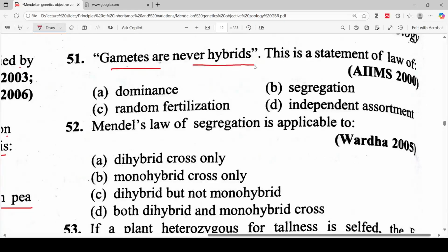Gametes are never hybrids. This is a statement of law of segregation. Next question.